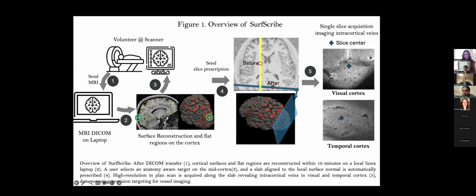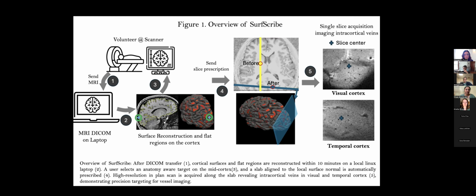Once we have the slice placed there, we could do some very high resolution imaging and start seeing these intracortical vessels really well. That further motivates us that this is working, because otherwise we wouldn't see these vessels. So that's the overview of the entire method.